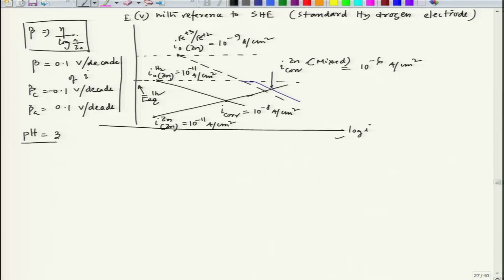Now, we have to find out what will be E equilibrium Fe+3/Fe+2, E equilibrium zinc, and I_C of Fe+3/Fe+2.